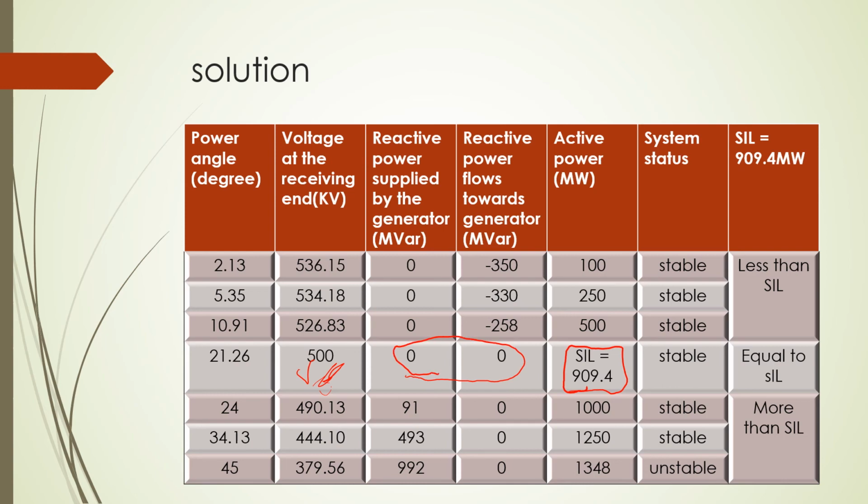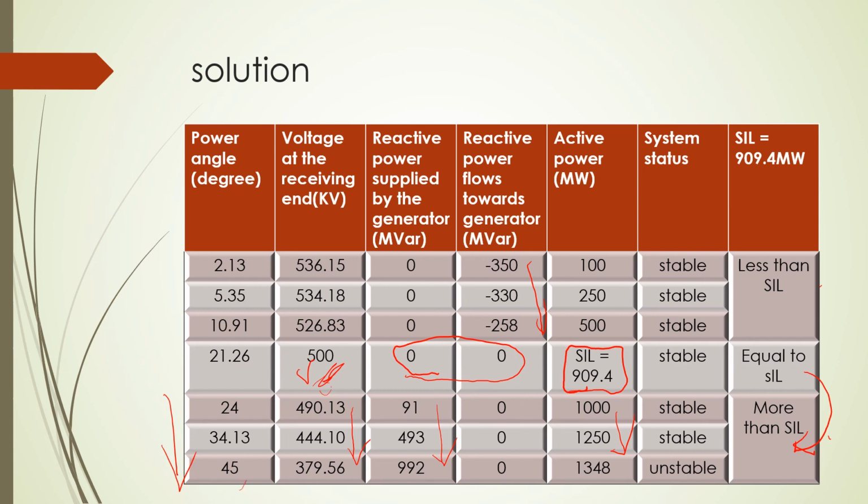If we take our load less than SIL, the receiving end voltage is higher, the reactive power supplied by the generator is 0, and the reactive power towards the generator slowly decreases. If we take more than SIL, the voltages keep on decreasing, the reactive power supplied by the generator increases, and the load slowly increases with respect to the power angle.